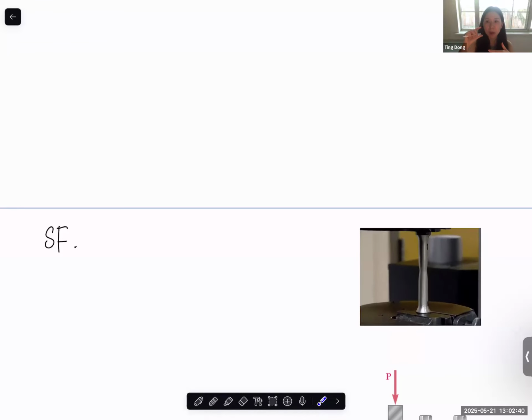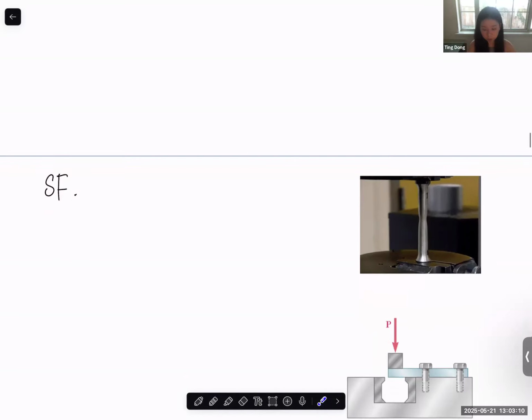So even though my batch of material might be much weaker than what was tested in the lab, or the force applied is much larger than what we assumed, this margin can make sure that my structure is still safe. Safety margin is the difference between the two values. Safety factor is the ratio between two values. Both of them are fine. We are talking about safety factor here.